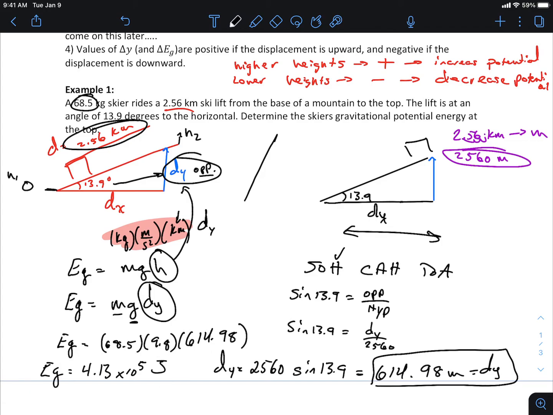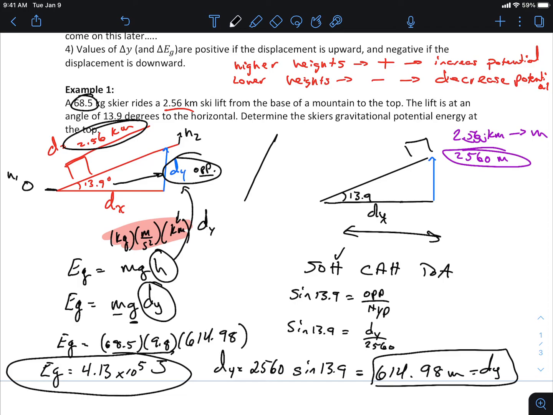Doesn't mean much to you right now, but you know what does mean something to you? This is what we're going to do tomorrow. We're going to raise objects to heights, and then we're going to let them go down. And we're going to see what's a lot of potential energy. I don't know. You don't know either, right? I think what's easier to contextualize is velocities, like how fast something's moving.